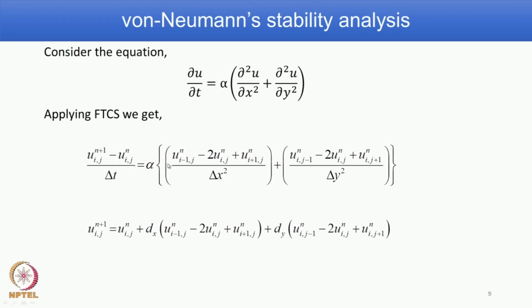Each term, for example, the first term, for the second derivative in the x direction, alpha delta t by delta x squared is renamed as dx. Similarly, alpha delta t by delta y squared is named as dy. So, you get the final expression as shown here. Now, let us apply von Neumann stability analysis to this final discretized equation, following the same procedure as we did for the one dimensional equation.